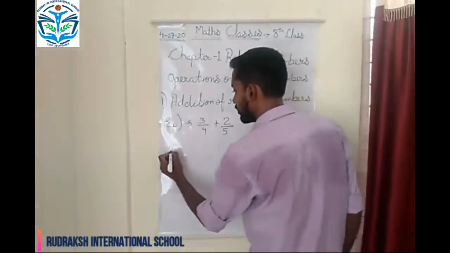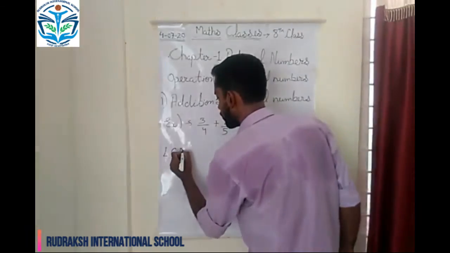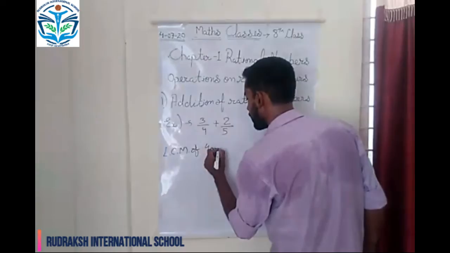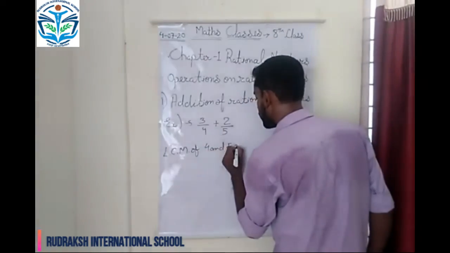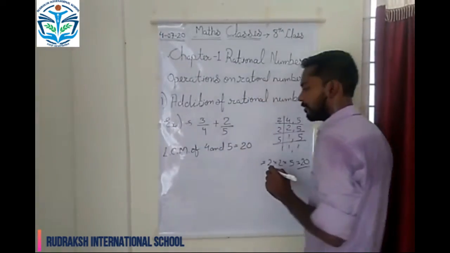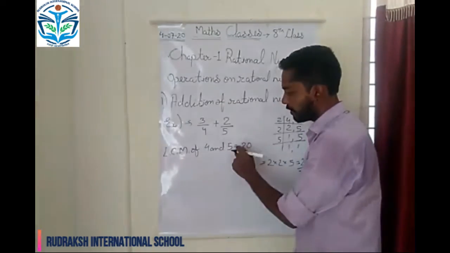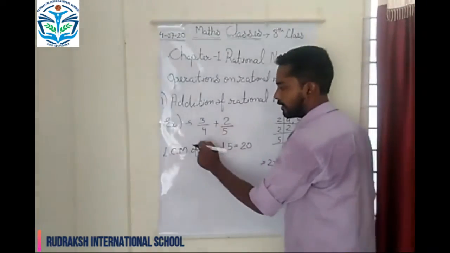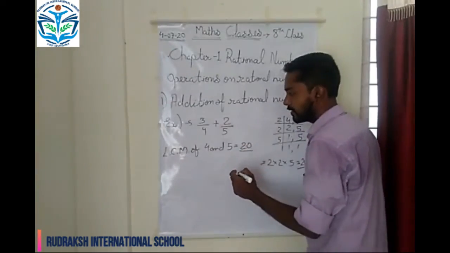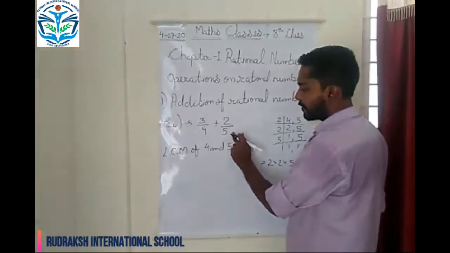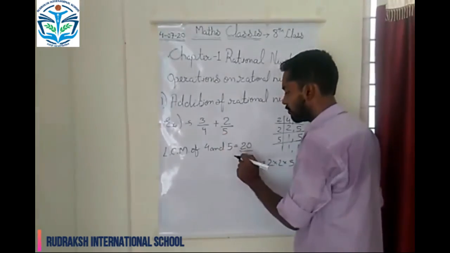So the LCM of 4 and 5 will be 20. Now you have got the LCM 20. Now how you have to solve these rational numbers using this LCM is, you have to multiply a number in 4 and 5 so that you can get the answer equal to 20.